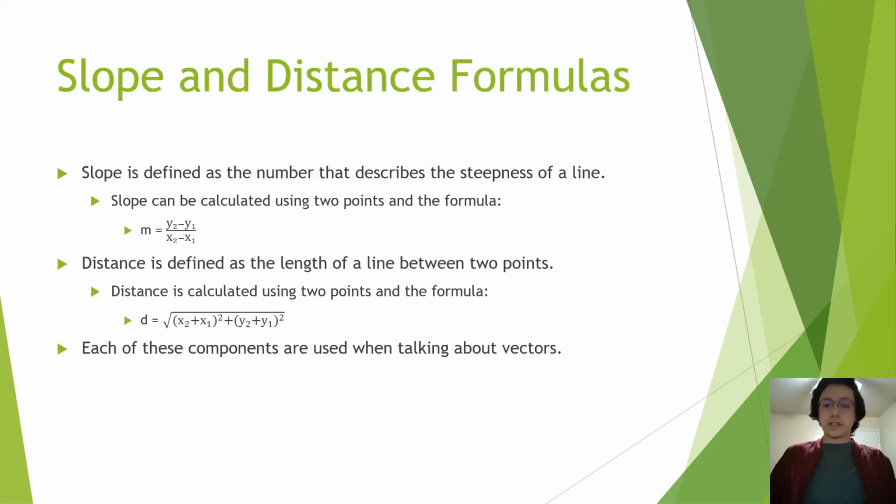So for the slope and distance formulas, this is something that has been taught throughout all of high school in geometry class, where you find out that slope is rise over run, which according to the formula is y2 minus y1 over x2 minus x1.